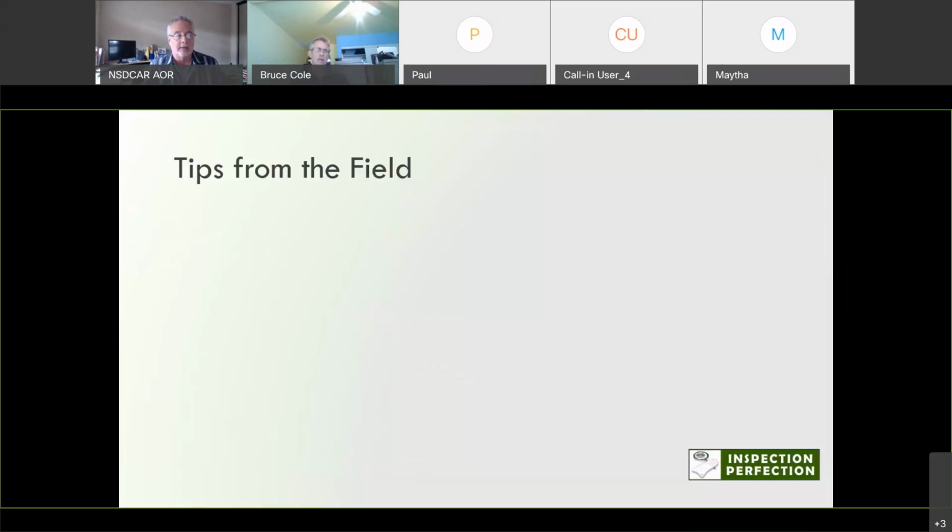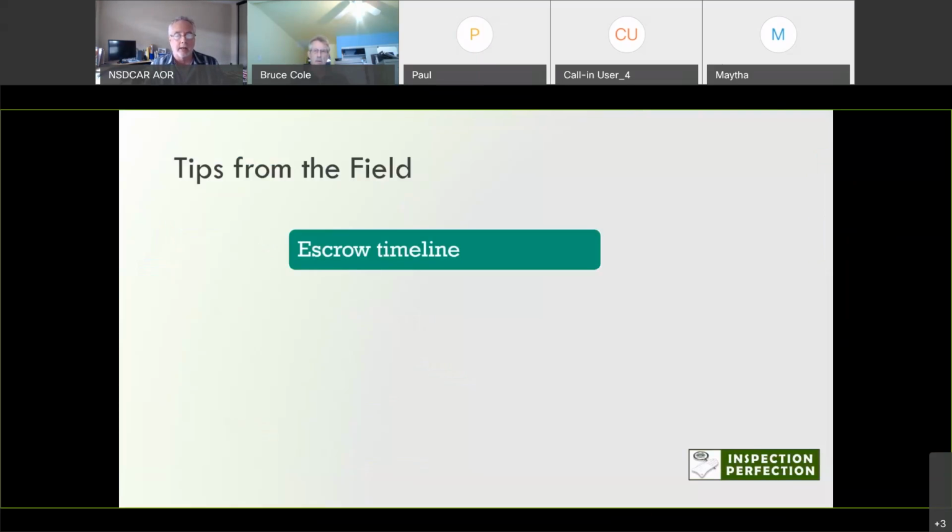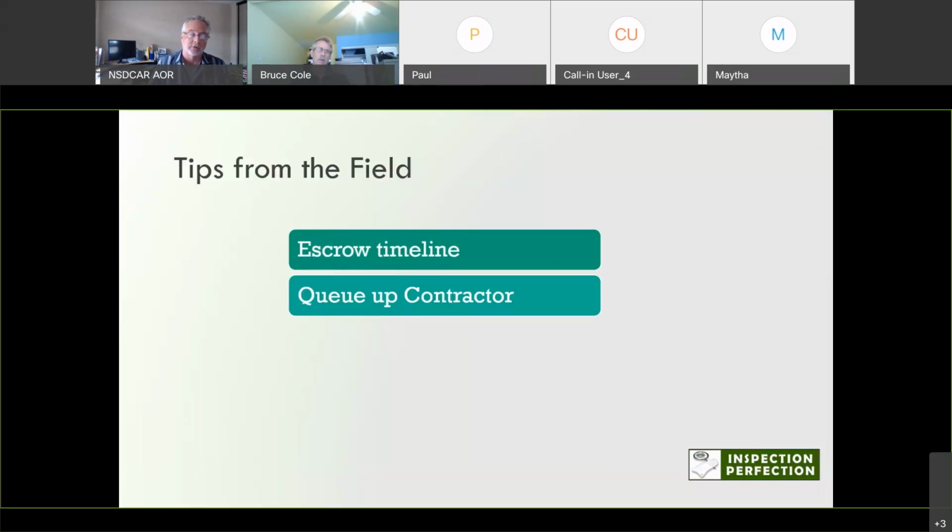So here are some tips in the field. Be very cognizant of the escrow time. Try to get as much done prior to making that offer. Let's get that bid ready. That doesn't always happen. Sometimes this gets discovered in the home inspection process, but try to move as much of that as possible prior to opening escrow.